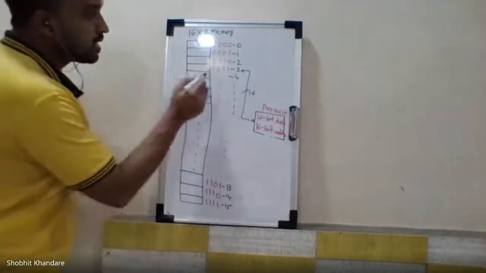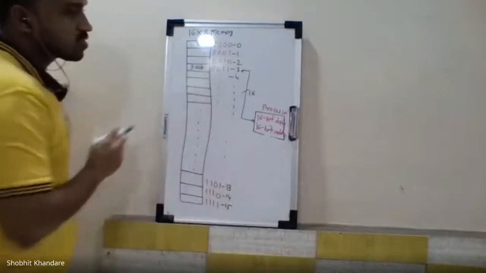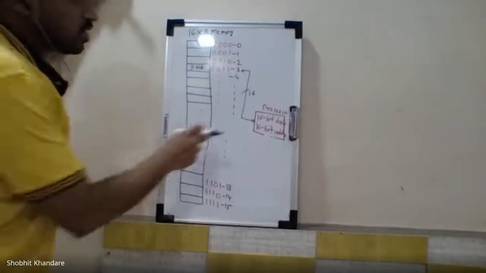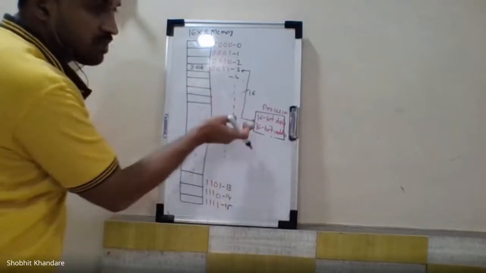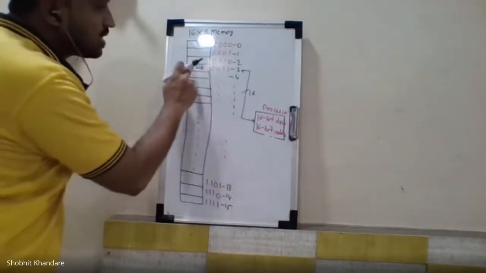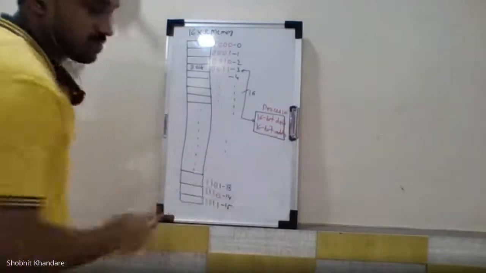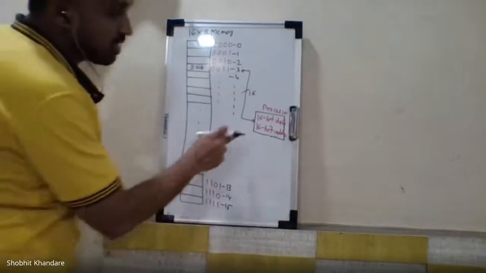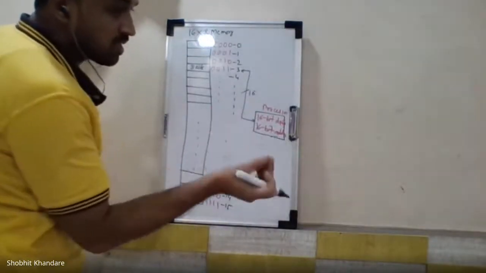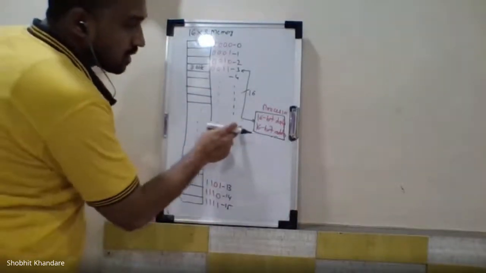Now you know that at this location there are 8 bits. Once the location is identified, this bus will be converted into a data bus, and these 8 bits of data will be taken into the processor. So first the address is generated, 0011, using the 16-bit address bus.